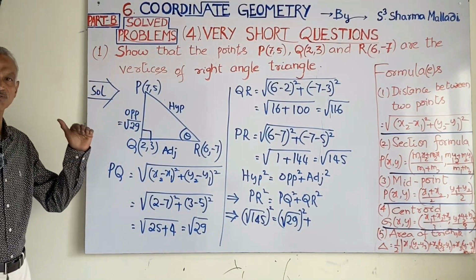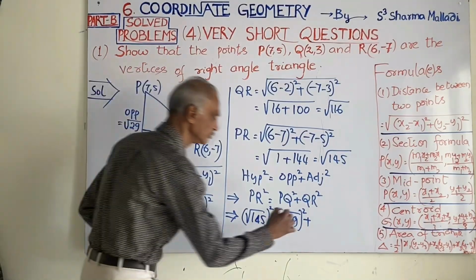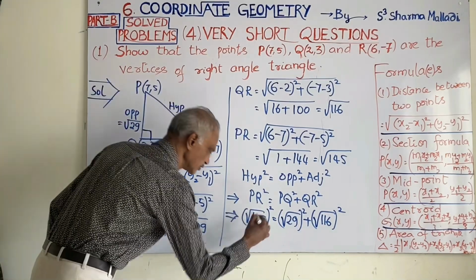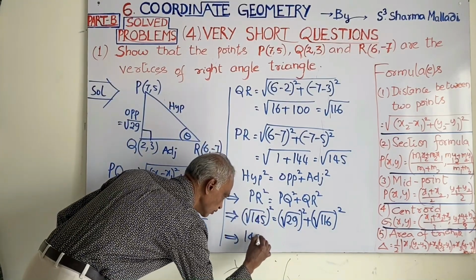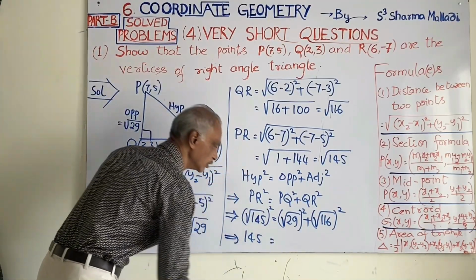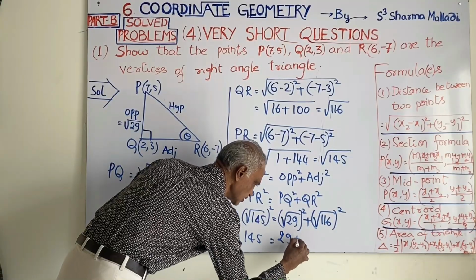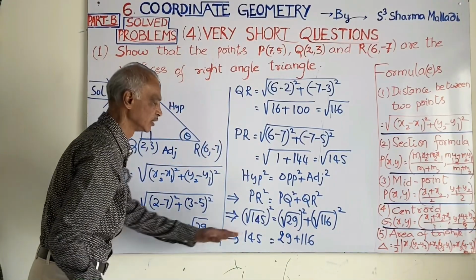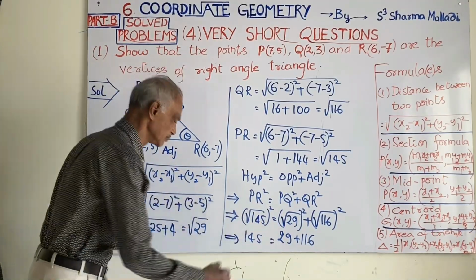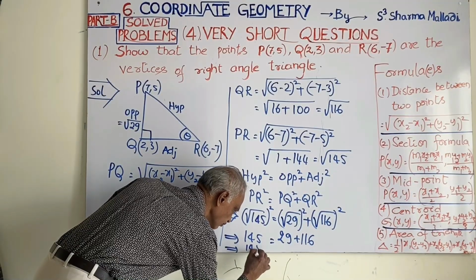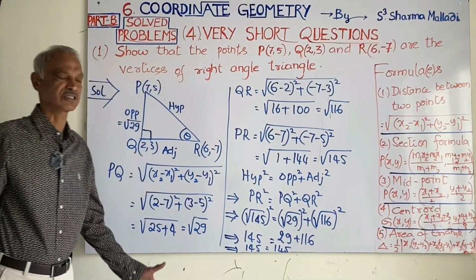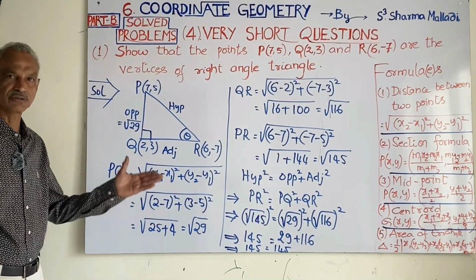QR is equal to root of 116, so QR square is 116. Now root of 145 whole square means 145 must be equal to 29 plus 116. Left hand side is equal to 145. Right hand side is also equal to 145. 29 plus 116 is equal to 145. LHS is equal to RHS.